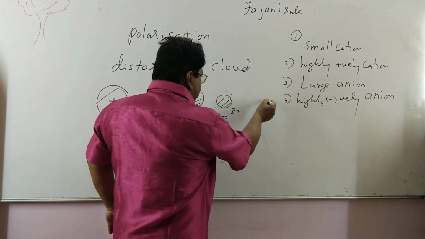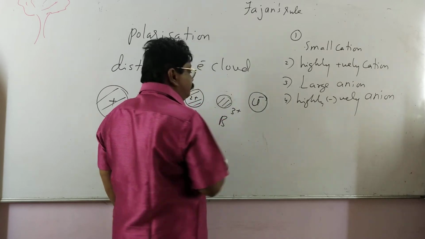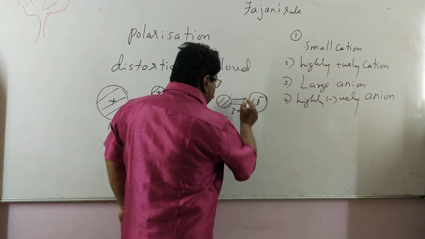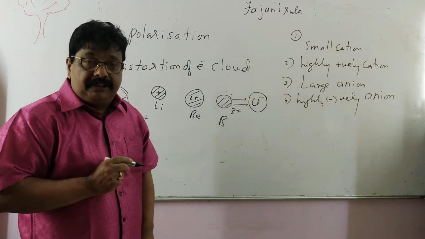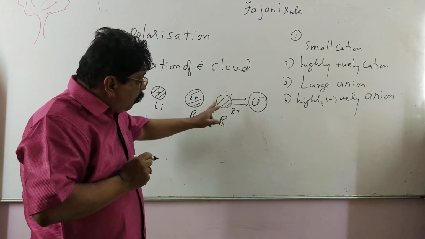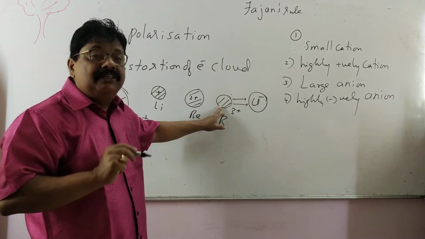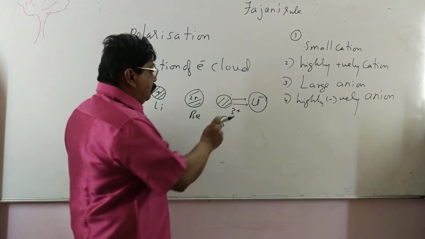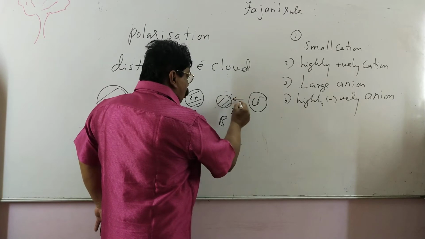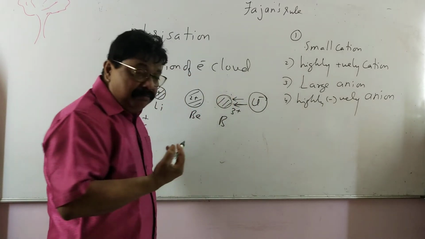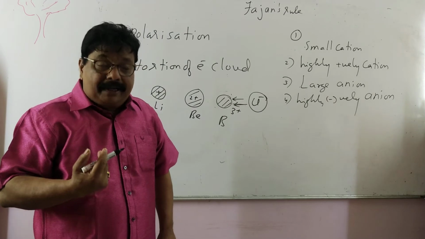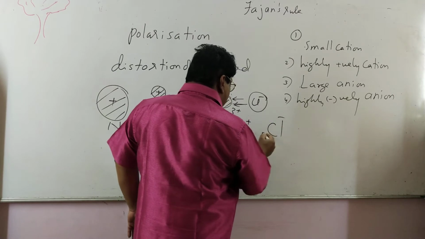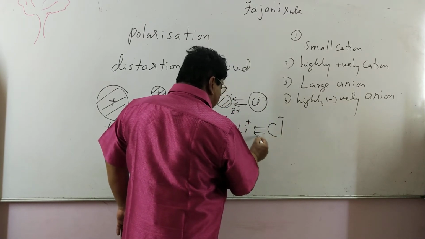And in front of them comes Cl minus. The electron cloud should go towards Cl minus, that is what should normally happen. But because of the more positive charge density, this boron 3 plus or lithium plus will pull the electron cloud towards itself, backwards. Therefore, with lithium ion and Cl minus, the electron cloud comes in between.